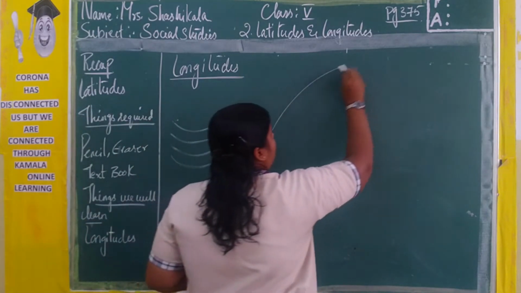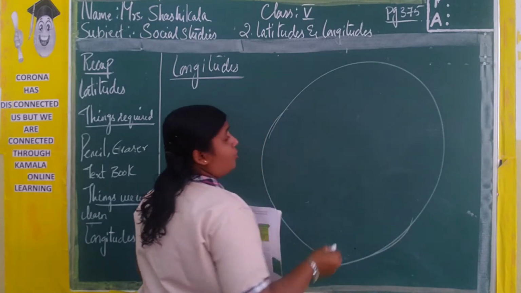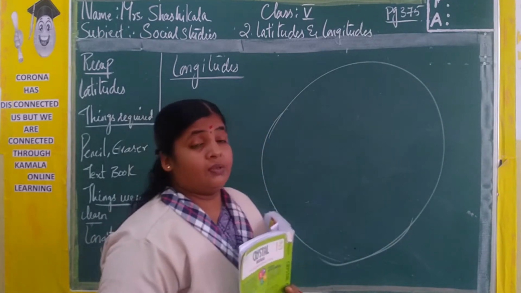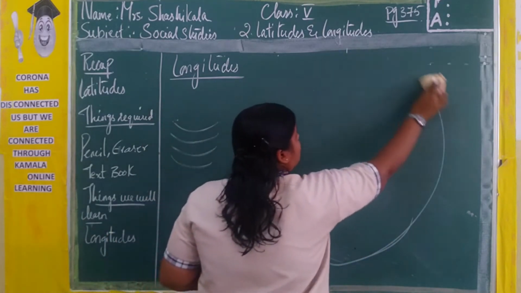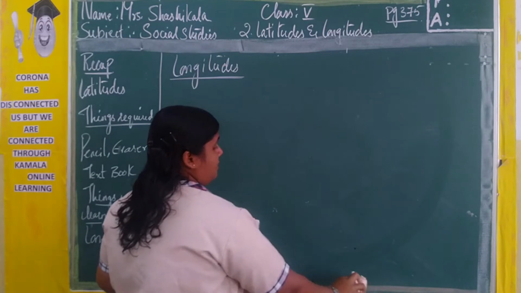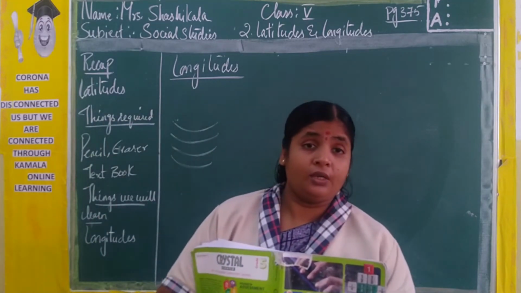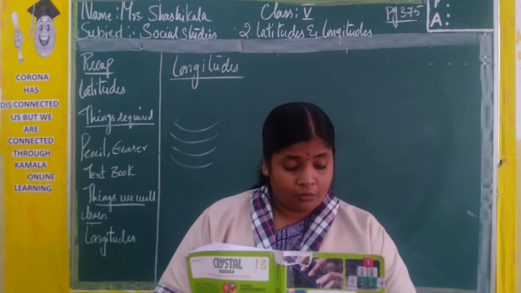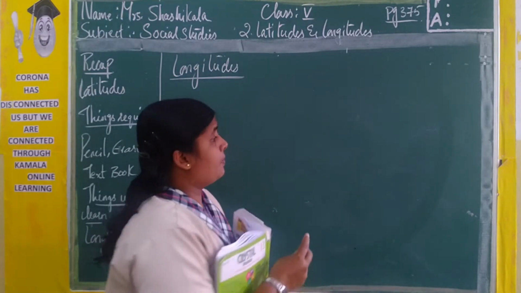Now here, this is the shape of the earth. Already in the previous class, we learned that latitudes and longitudes are imaginary lines. Right? They are made by scientists for convenience and to make it very easy to understand locations.